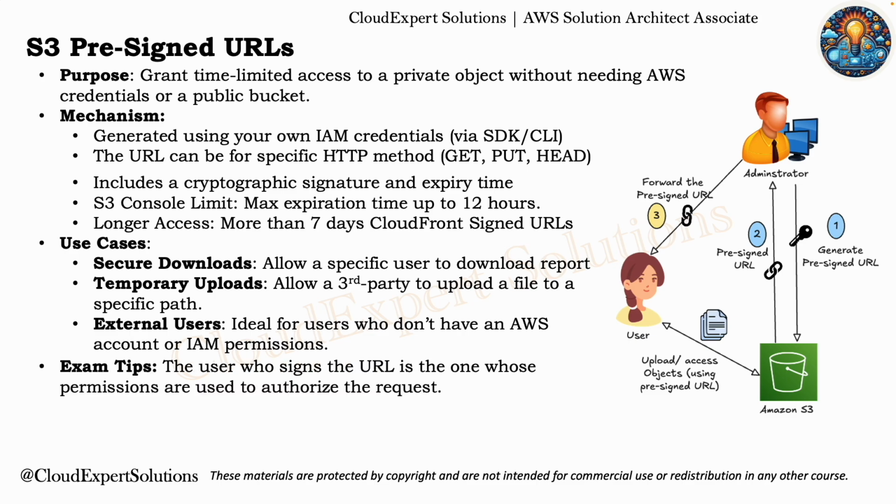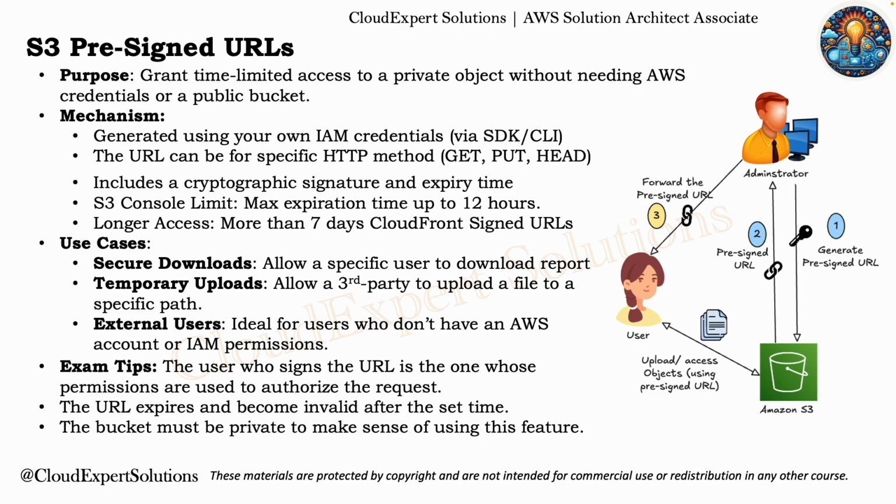For the certification exam, you should remember a couple of points. The permissions of the person who generates the URL are what matter, not the person who uses it, because the person generating this URL copies his or her permissions. The URL is only valid for the time you specify and the HTTP method you defined.